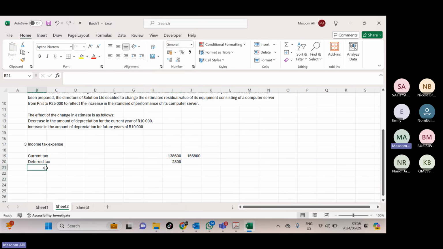Okay, and then you have your income tax expense. So I'm not going to transfer all the amounts over there, right? And then you'll transfer it onto your statement.